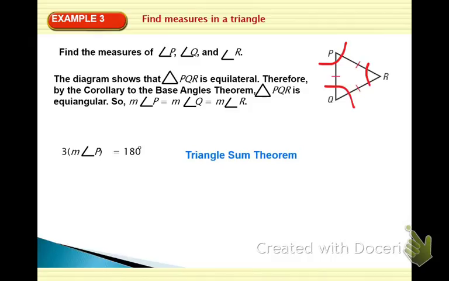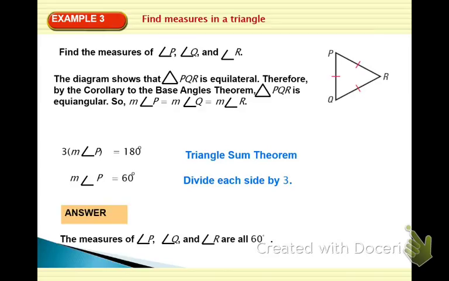That's the triangle sum theorem. Then we would divide both sides by 3. We get angle P is 60 degrees. So all the angles are going to be 60 degrees.